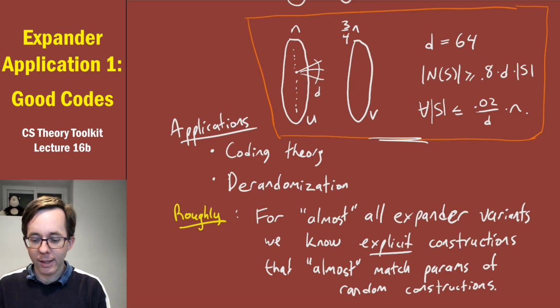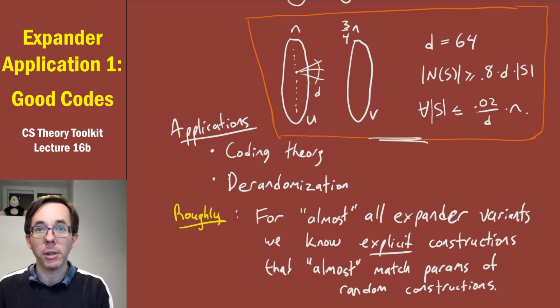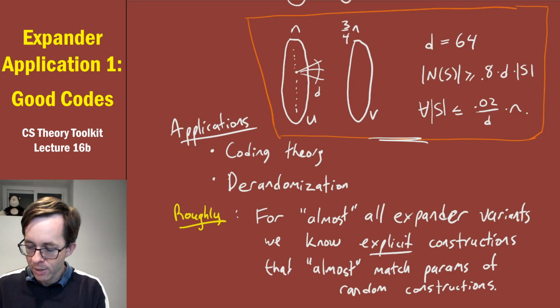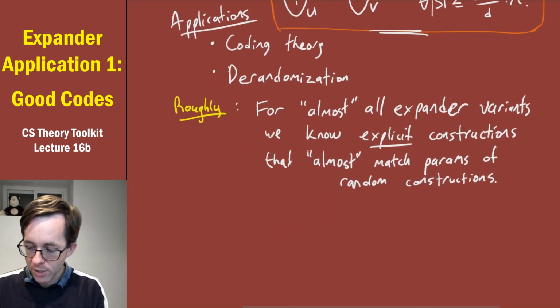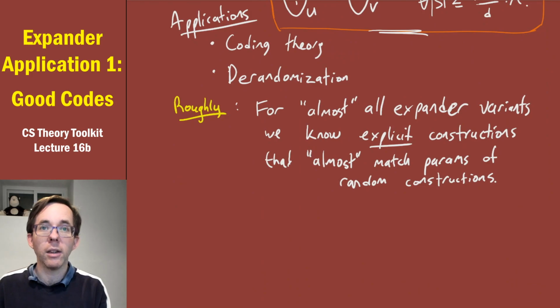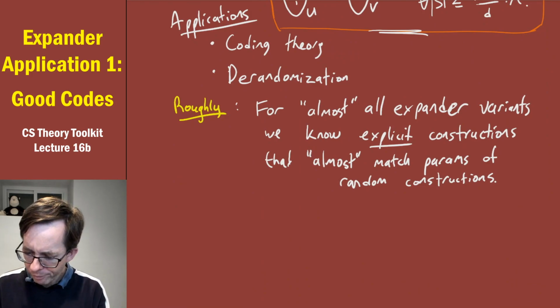Okay, so let's move to application number 1 of having these nice bipartite explicit expander graphs. Let me remind you again of the bipartite expander graph that we're going to assume we have for the first application. This first application will be in the theory of error correcting codes.